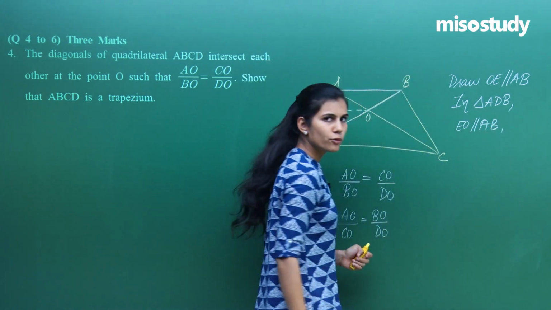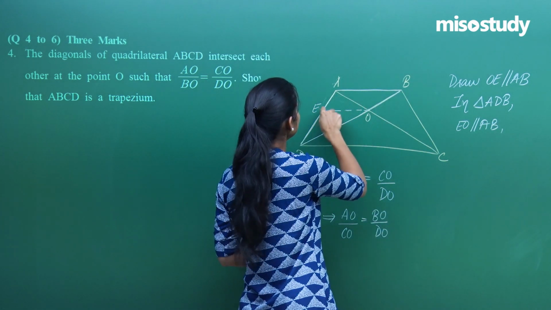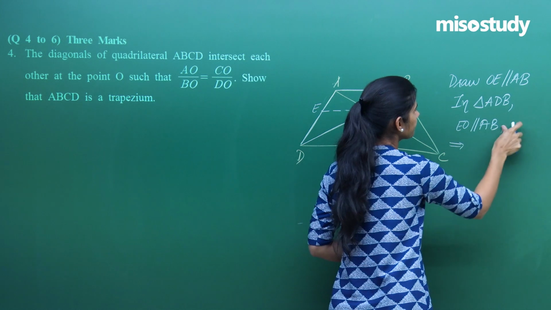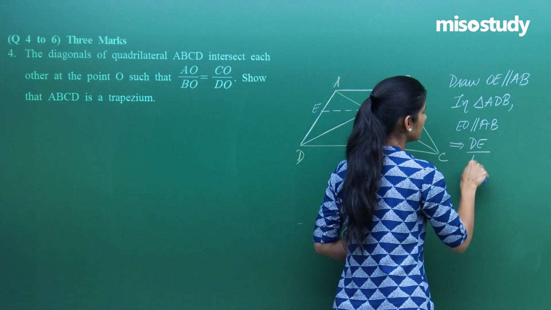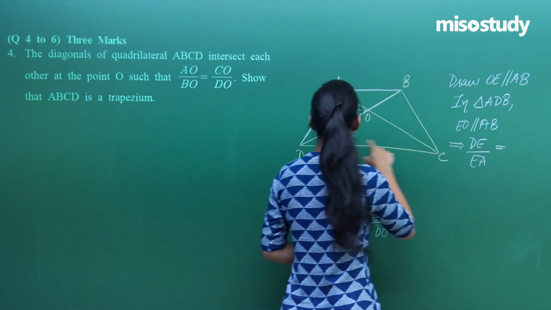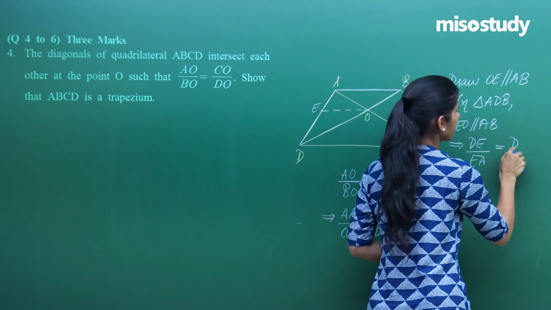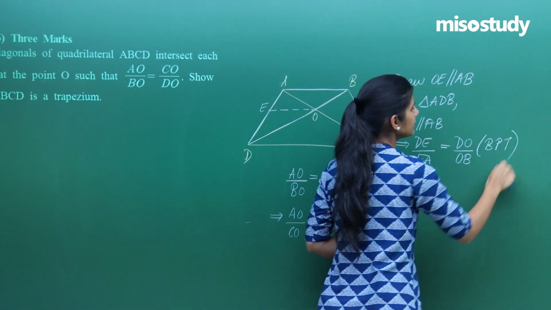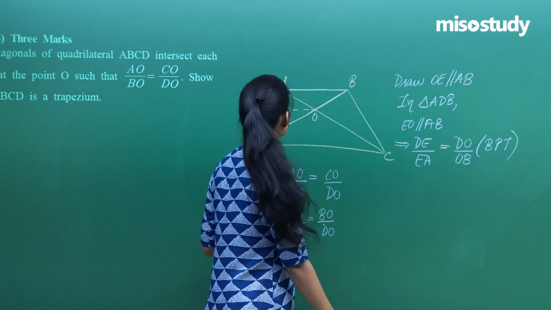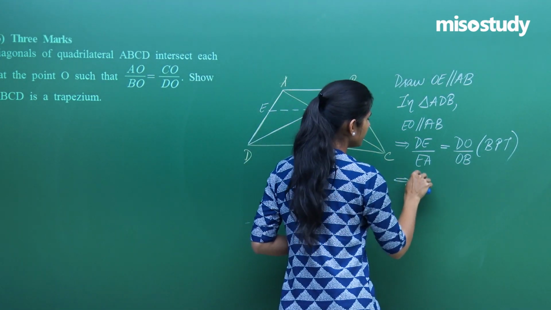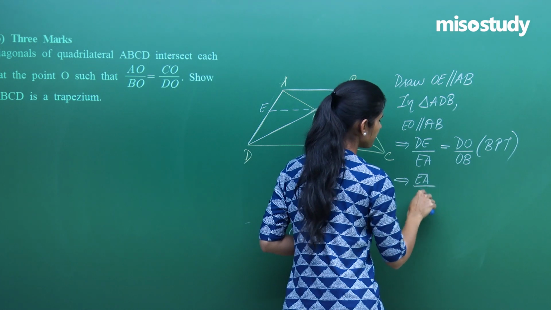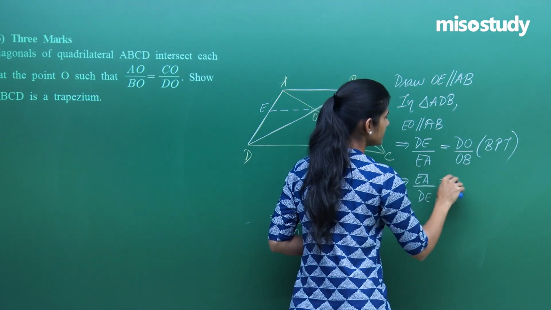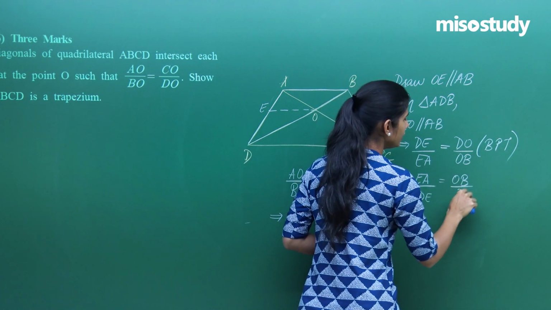Therefore, by the basic proportionality theorem, DE upon EA is equal to DO upon OB. This is the basic proportionality theorem. We know this. So this implies reciprocals are also going to be the same. EA upon DE is equal to OB upon DO.